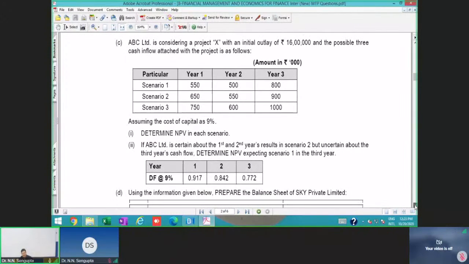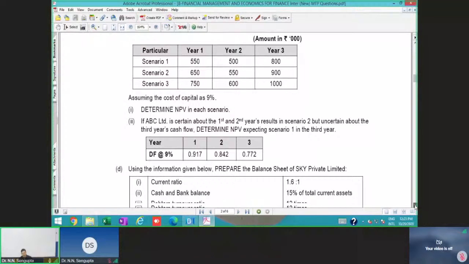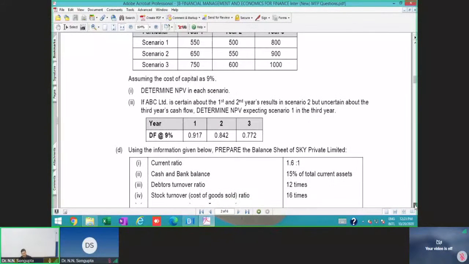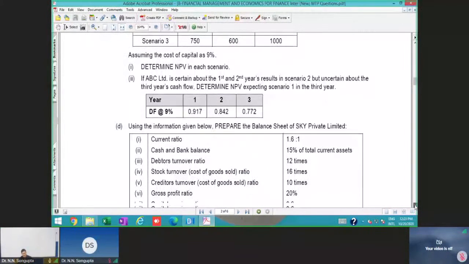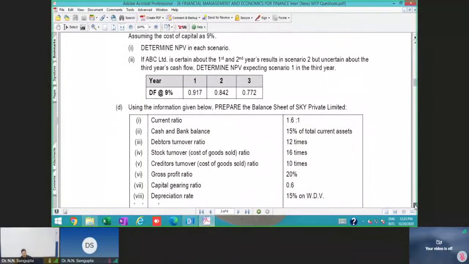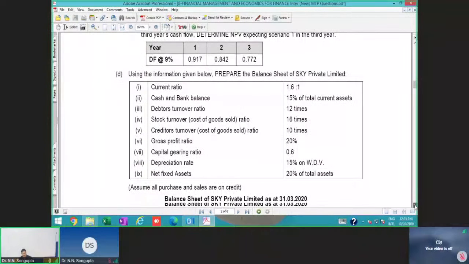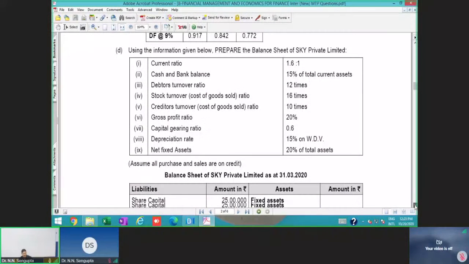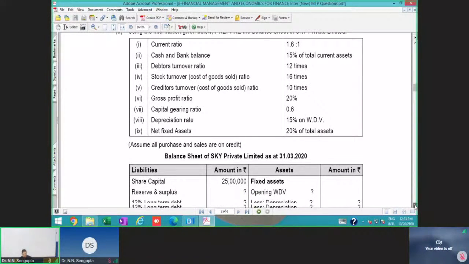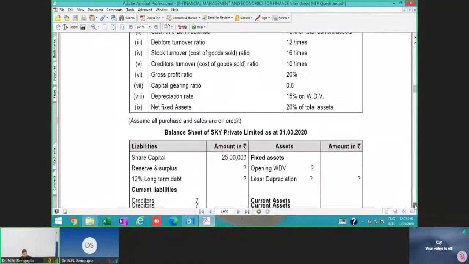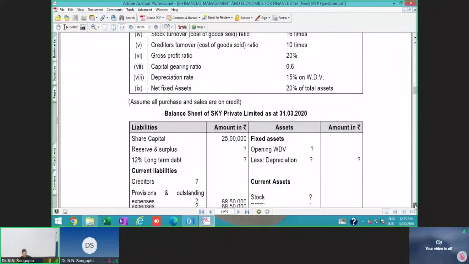This is risk analysis in capital budgeting. Scenario based question, scenario analysis. The scenario may be different also. This is the balance sheet question, and these questions are different from the CAFM finance questions.